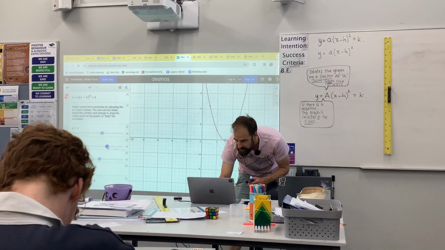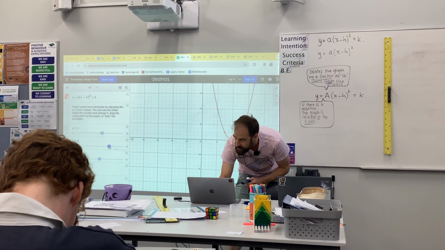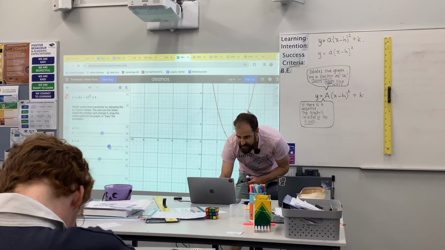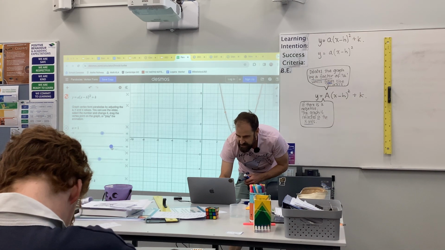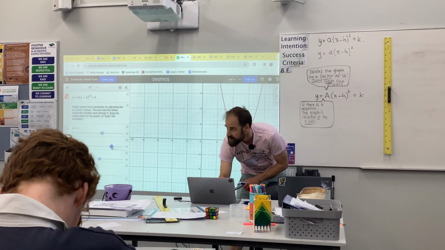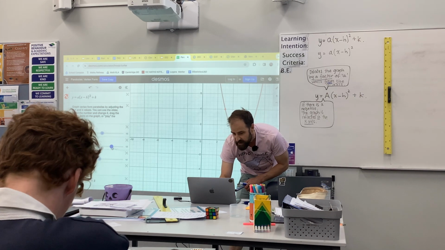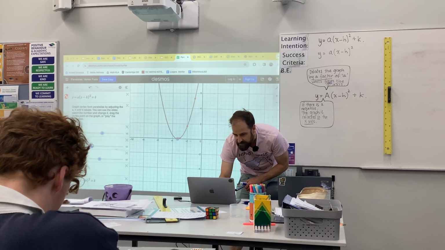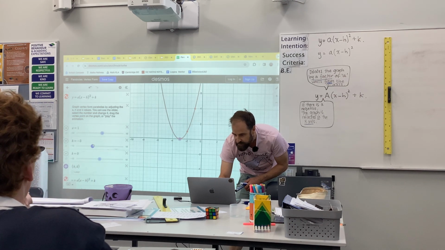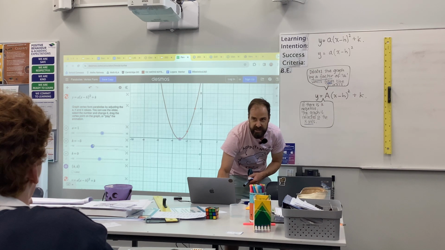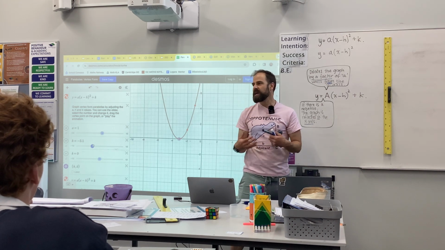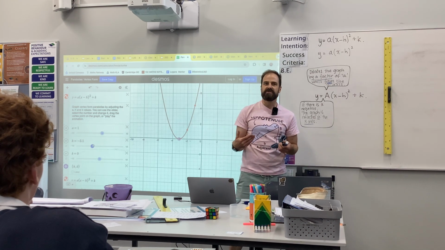What's going on with my graph? It moves along the x-axis. It is definitely moving along the x-axis, isn't it? When h is 5, how far along the x-axis did it go? 5. If h is -3, how far along the x-axis did it go? It went to -3. So h moves the graph left and right.